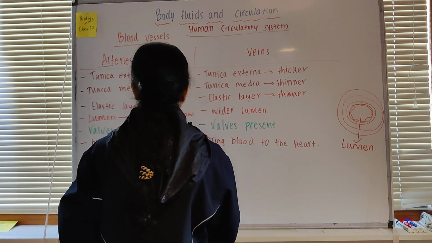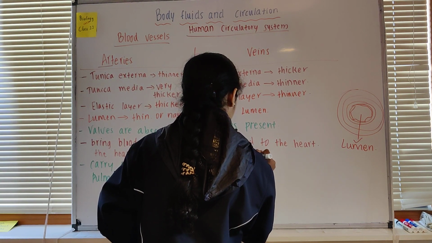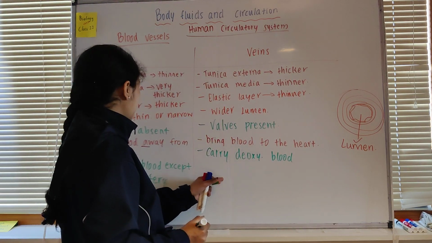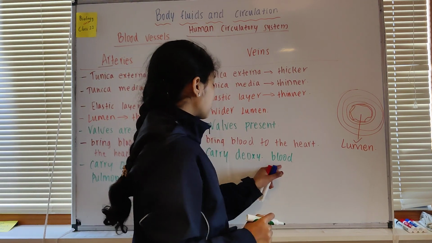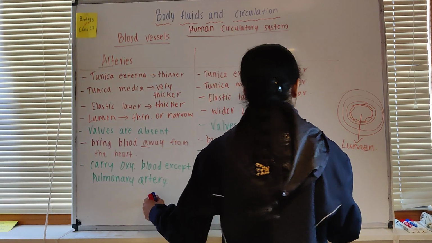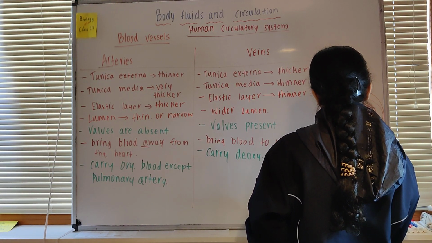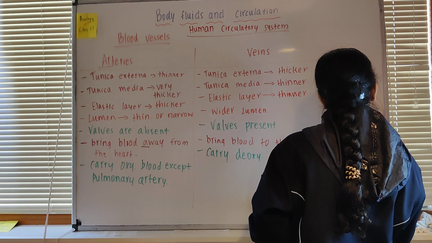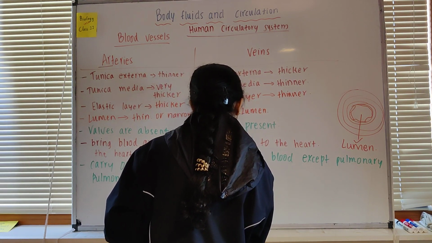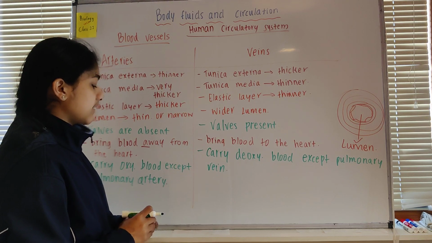Veins carry deoxygenated blood to the heart, except the pulmonary vein. There is one exception here as well, and that is the pulmonary vein.